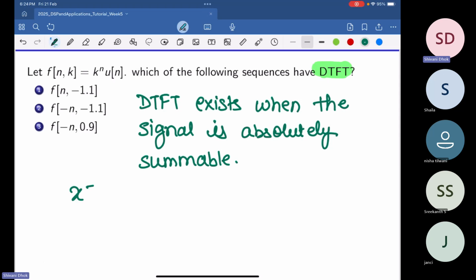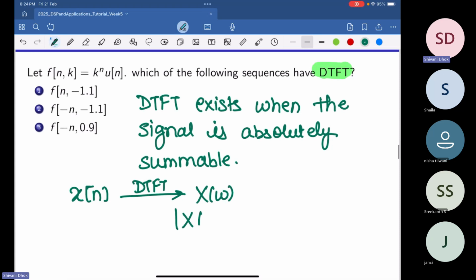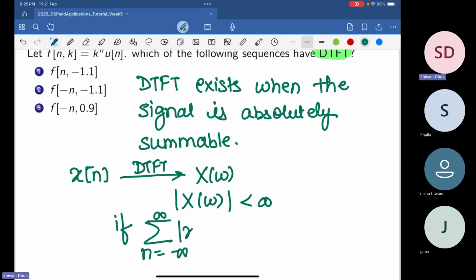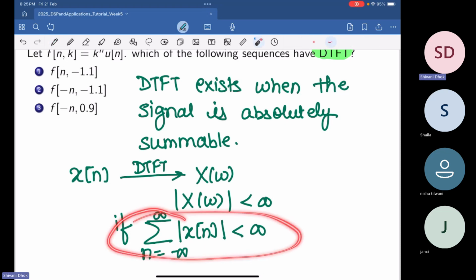If x of n is my signal and I want to find the DTFT of this signal, x of omega, then mod of x of omega is finite if the summation, n running from minus infinity to infinity, of the magnitude of x of n is less than infinity. We saw this condition last week also. This condition means that the signal x of n is absolutely summable.